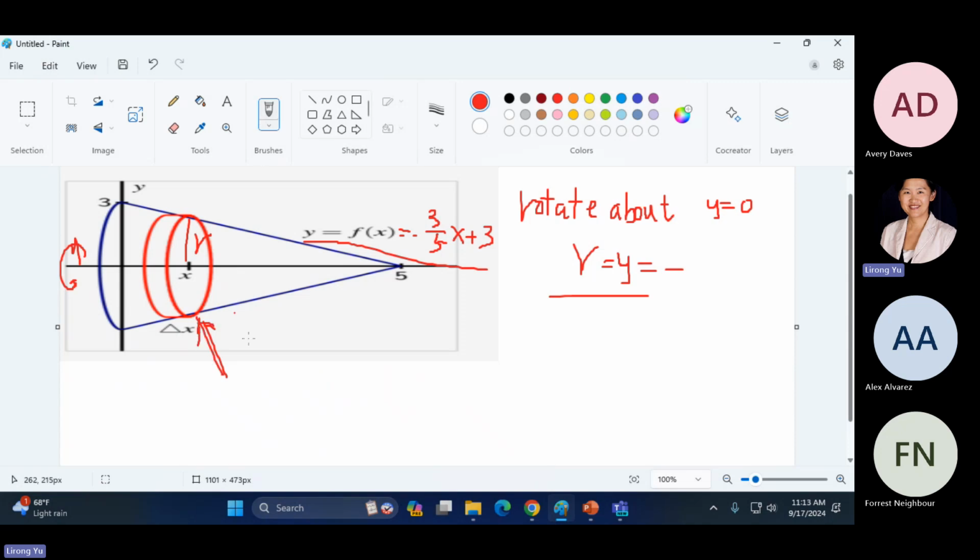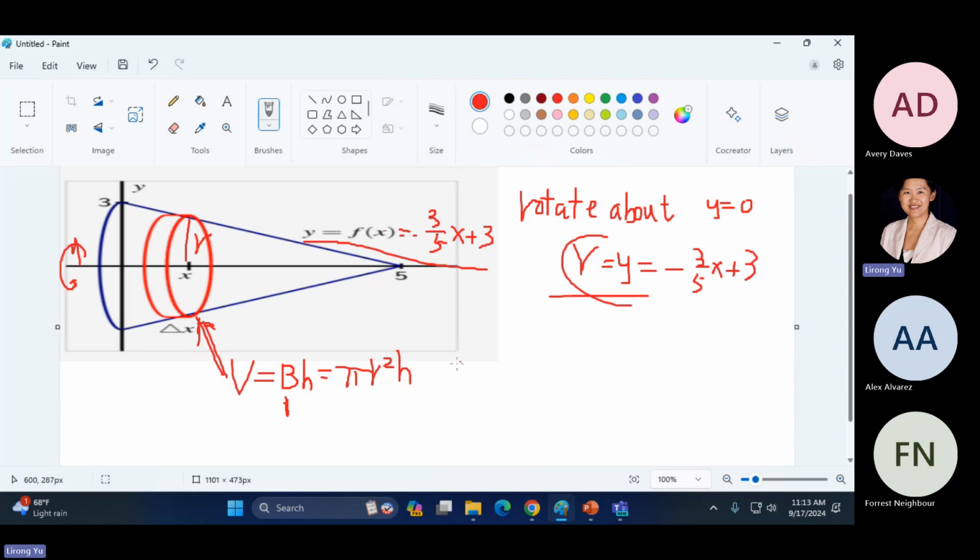This volume is a cylinder, and the volume of a cylinder is base area times height. The base area is a circle, so it's pi r squared times the height. In this case, what's our R? We already have R equal to -3/5 x plus 3.